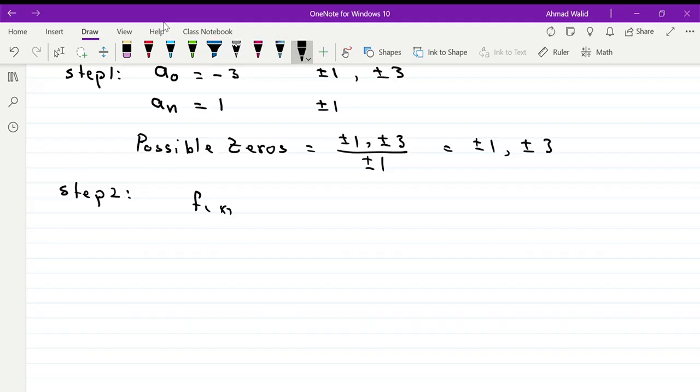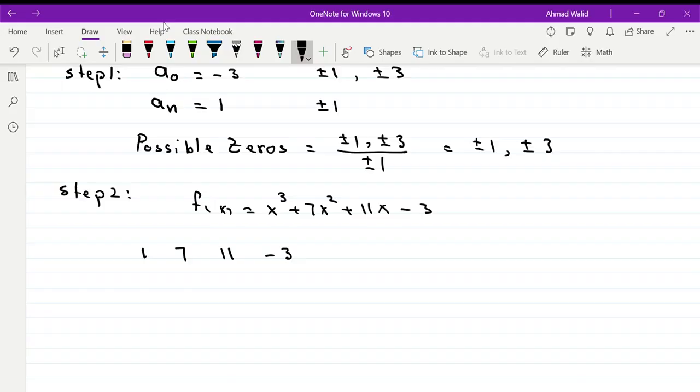You have f of x equals x cubed plus 7x squared plus 11x minus 3, right? Now I'm using synthetic division to find the zeros. What are the coefficients? Let's list them: 1, 7, 11, and -3.